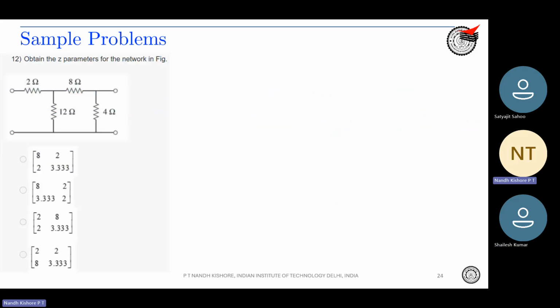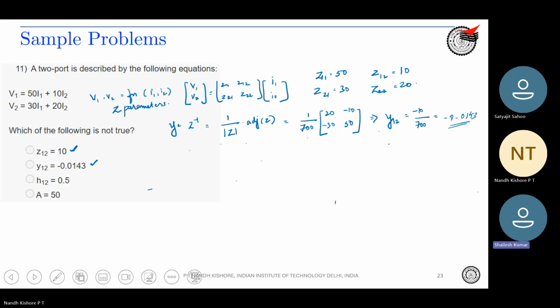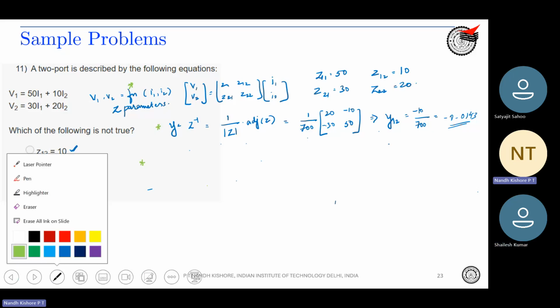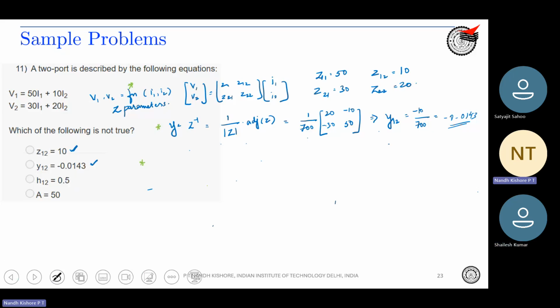Next we have to go to the H parameters. What is the definition of an H parameter? This was the Z parameter, then we came to the Y parameter, and now we are going to the H parameter.